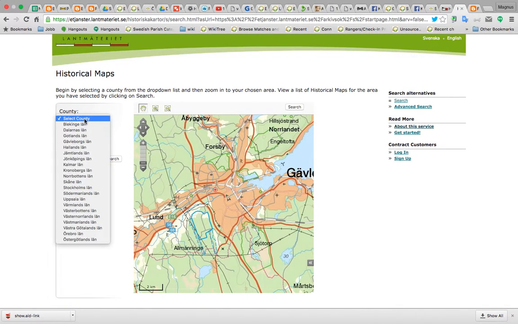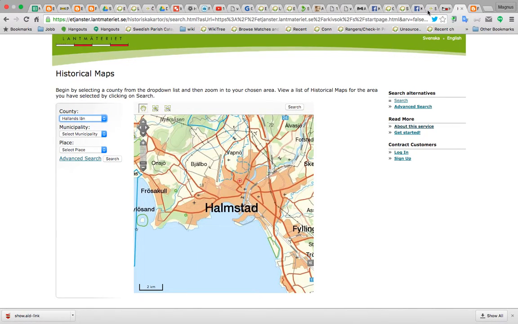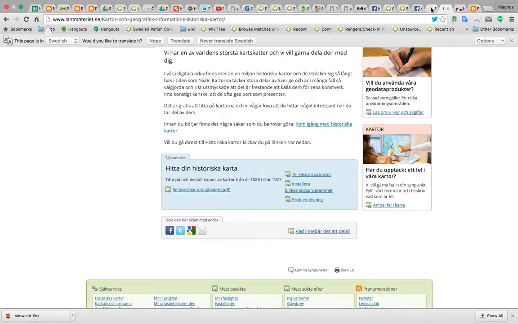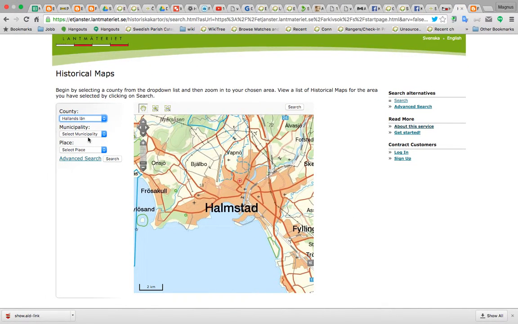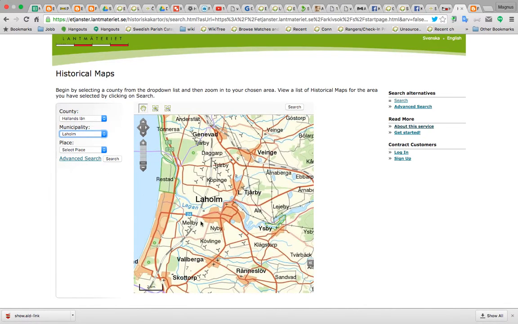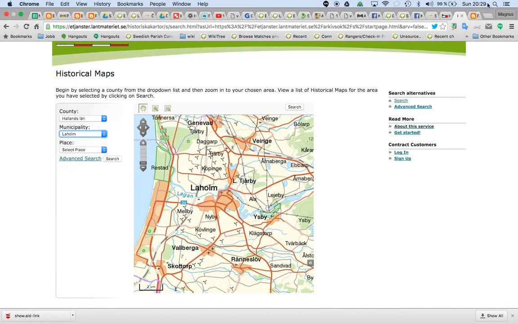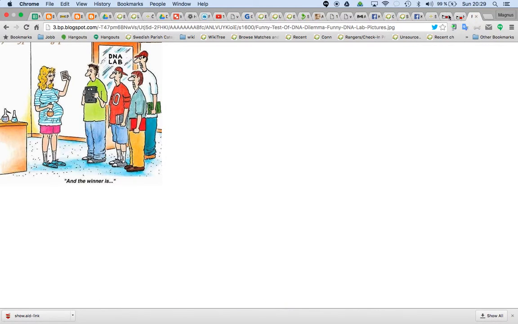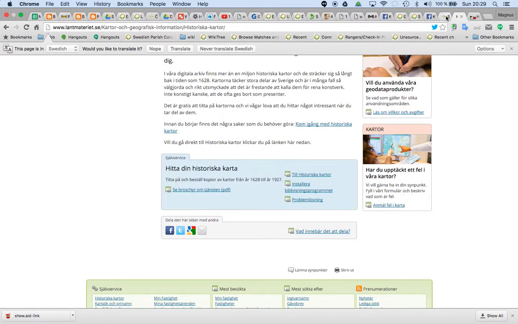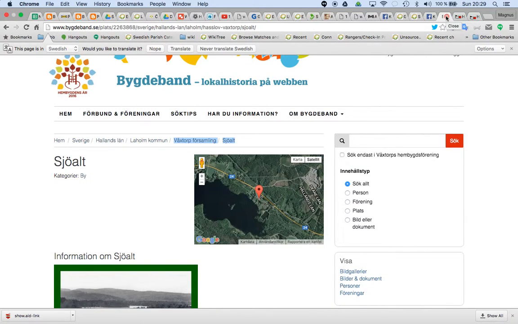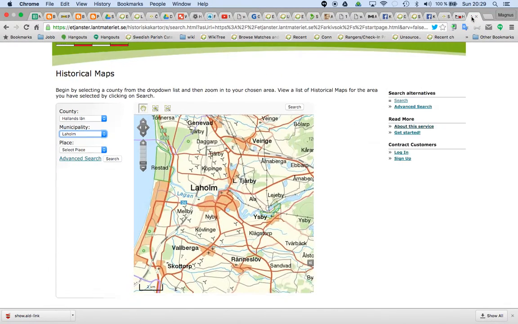User interface is not the best. And in Halland you have to go down to your friend Laholm, which is there. And when we are in Laholm, we have to go to our friend Växtorp Sjöalp.